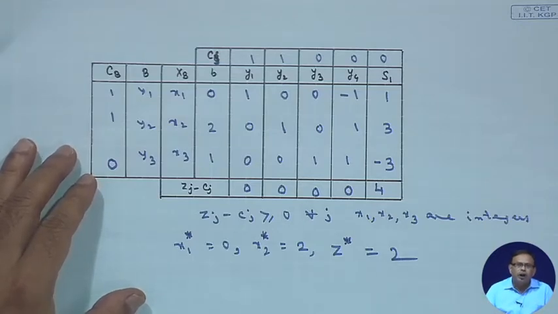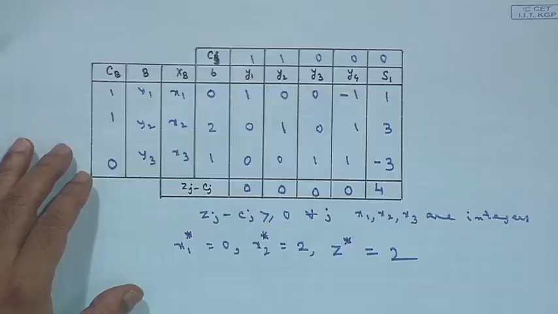So, I hope it is clear to you now. Whenever I have a mixed integer programming problem, where some of the variables can take only integer values and some can take either real or integer values, my procedure should be to first solve the problem ignoring the integer constraint. After that, check the solution and find out whether there is any non-integer value in the basis or not.